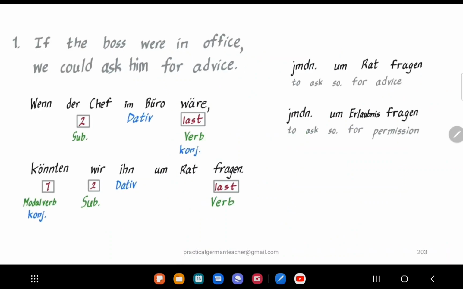So next, here, jemanden Rat fragen, jemanden Erlaubnis fragen. You should learn these two new verbs. To ask someone for advice, to ask someone for permission. Again, this one is not dative, it's accusative.